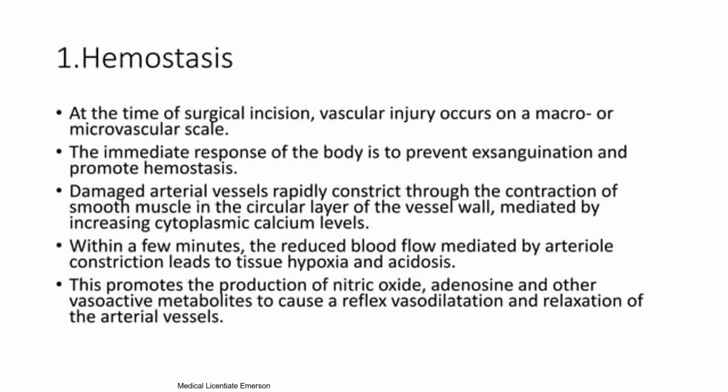Now let's look at the phases one by one in detail. So we find that in hemostasis, at the time of surgical incision, a vascular injury occurs on a macro or microvasculature scale. The immediate response of the body is to prevent exsanguination and promote hemostasis.